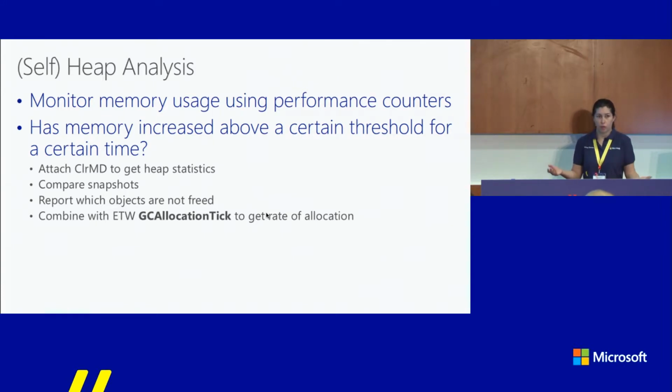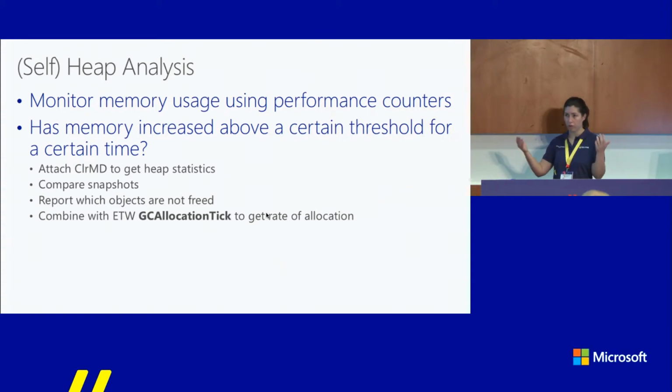Well, the most common thing people do when they try to diagnose memory leaks or generally high memory usage is, one, to look at what's going on in the heap right now, very similarly to before, just write the heap breakdown. And the second is to take several snapshots of the heap a few seconds apart and compare them.